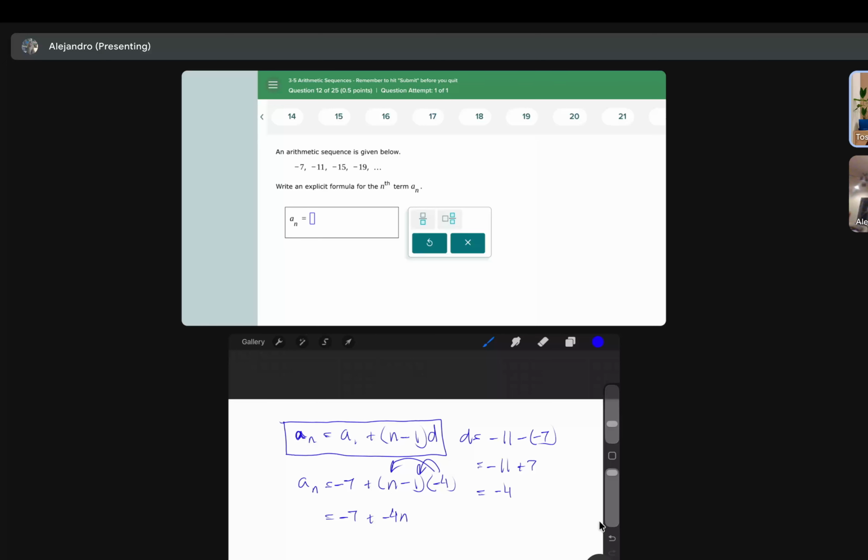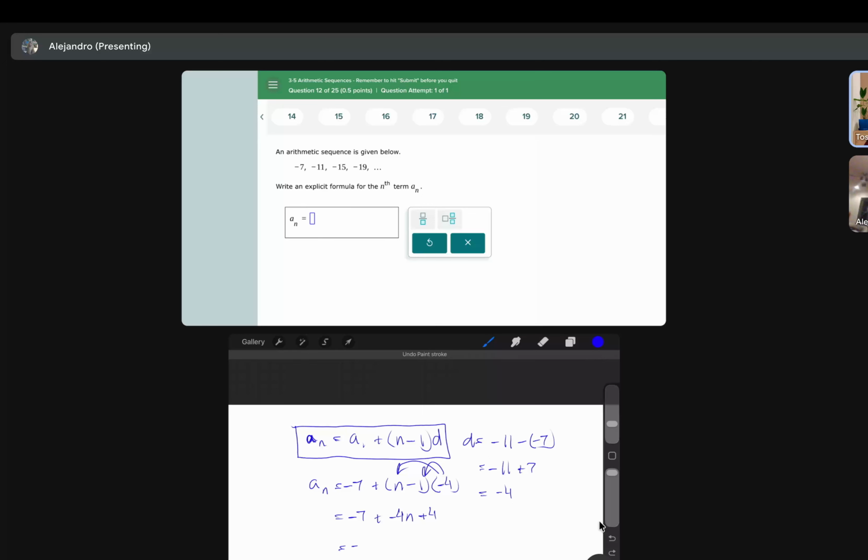Negative times -1, -4 times -1 is +4. Continue on. Now, I'm going to write the n term first, and then combine this with that. So that's going to be -3. I'll put it in the back here. And here's your final answer.